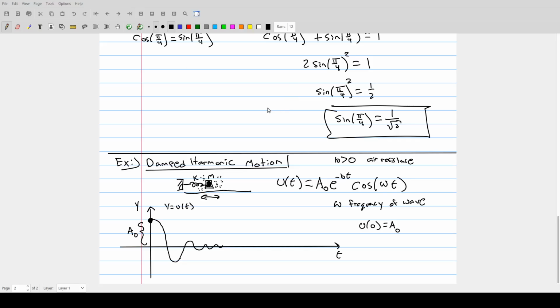So here we see exactly what I'm talking about. What this is saying is that if the frequency is 2 pi, then after one period of 2 pi, you see that the motion, with these parameters of b and omega, gives us exactly that.